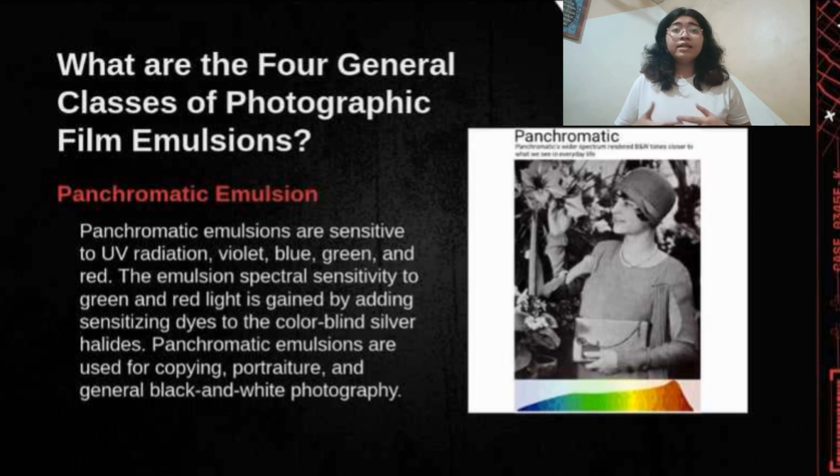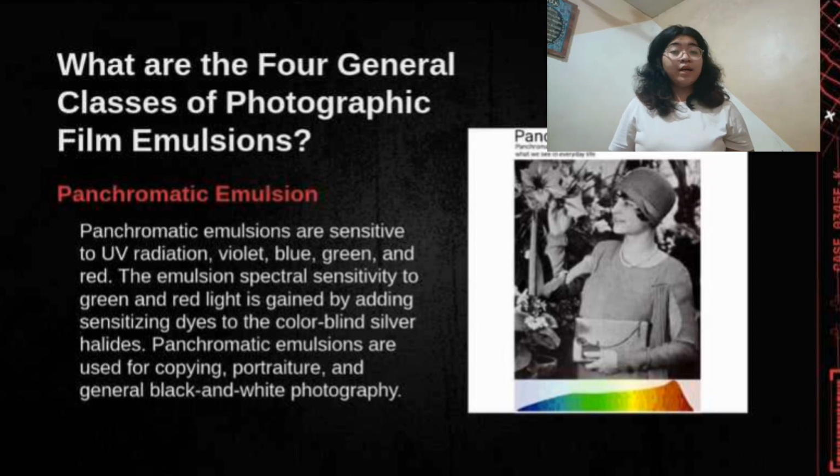This makes them versatile and well suited for various applications, including copying, portraiture, and general black and white photography. Photographers often prefer panchromatic emulsions when they need to create high quality black and white images that faithfully represent the colors and details of the original subjects.